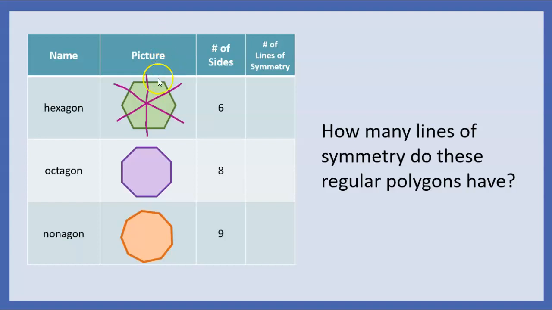But then we also have these lines that we call diagonals, vertex to vertex. There's 1, there's 2, and there's 3.